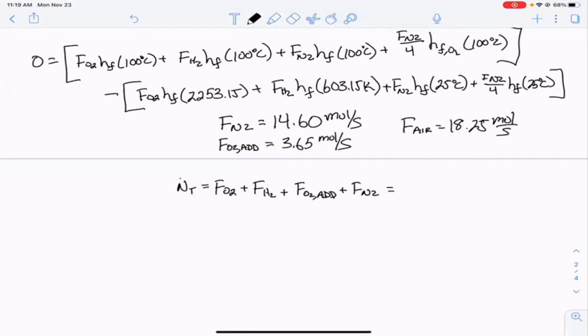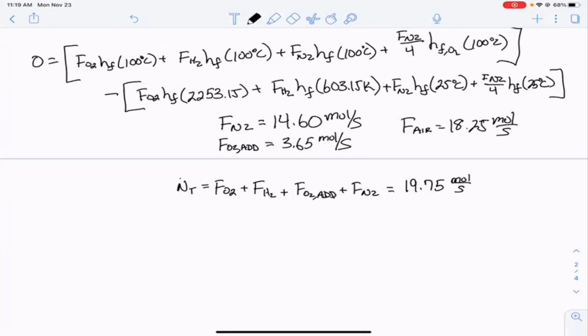And the flow rate of oxygen was 0.5, hydrogen was 1, FO2 add is 3.65, which we just solved for a second ago, and nitrogen is 14.6. So if we add that up, the total molar flow rate is 19.75 moles per second, okay?